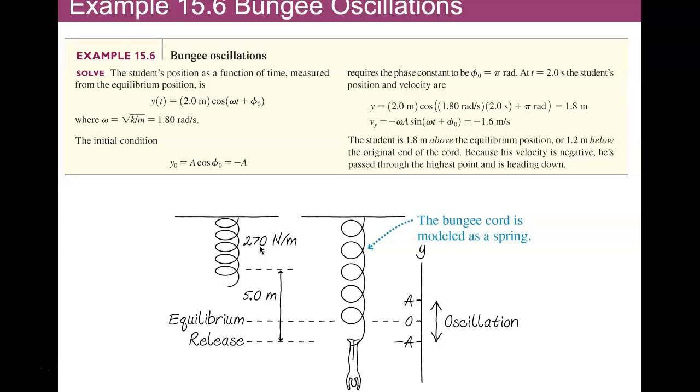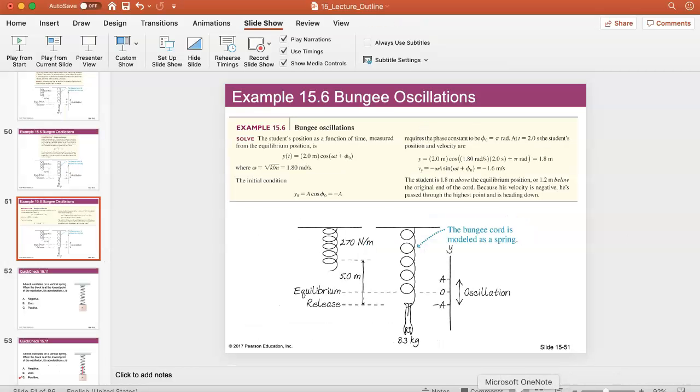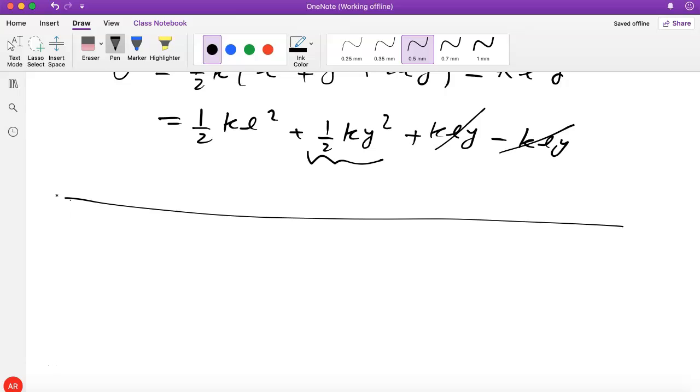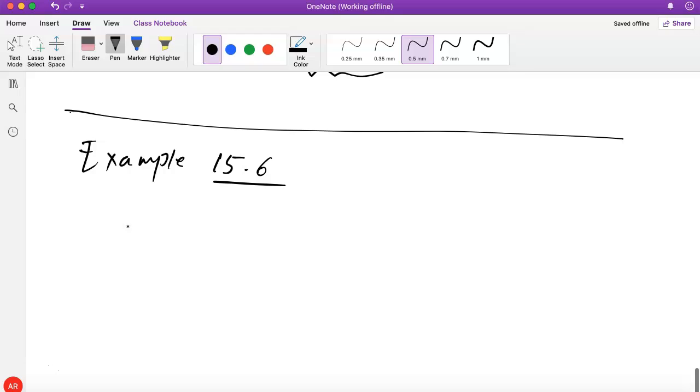Now we need to figure out y of t. So let's go back to the notes. Let's say we found L to be 3 meters.